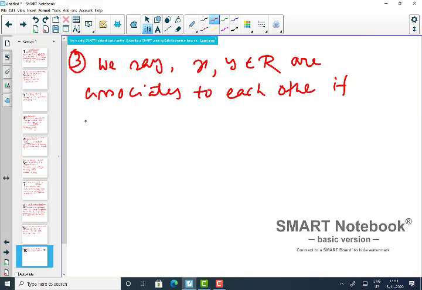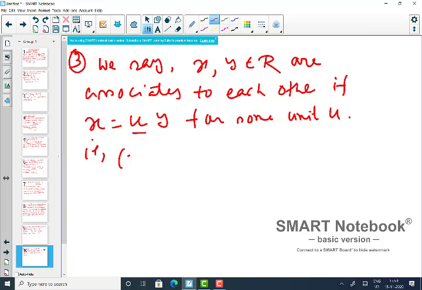That means if x equals some unit times y for some unit u. Okay, so u is the unit. If they differ by a unit, then these elements are called associates, and they have similar features. For example, they generate the same ideal, and the ideals generated by x and y are the same. Okay, this is an if and only if statement. So these three definitions are very important and required.